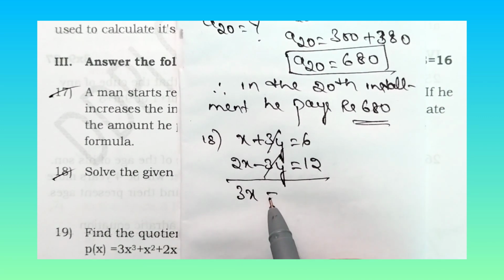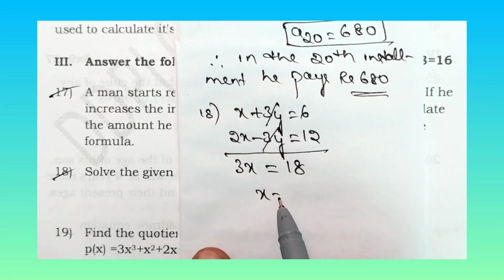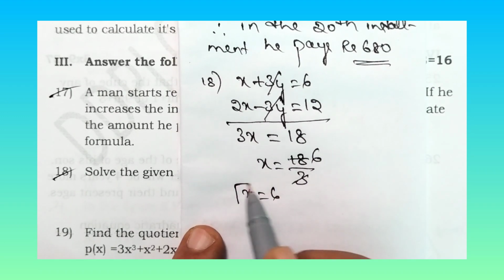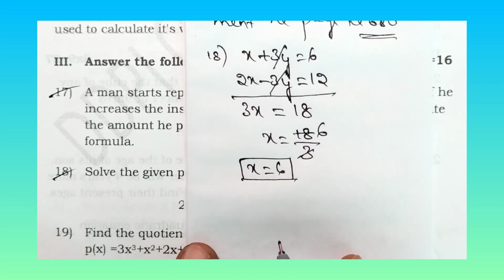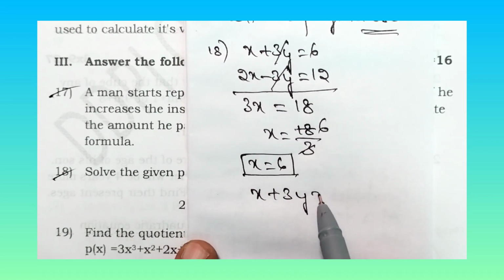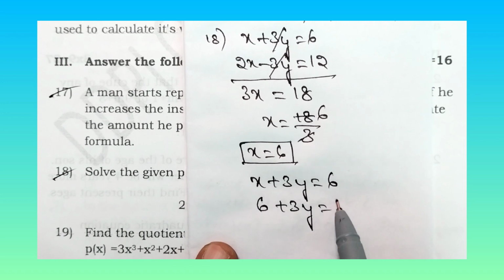1x plus 2x is 3x. 12 plus 6 is 18. So x is equal to 18 divided by 3. 3 1s are 3, 3 6s are 18. So x is equal to 6. After getting the value of x, find the value of y. x plus 3y is equal to 6. So x is 6, so 6 plus 3y is equal to 6.